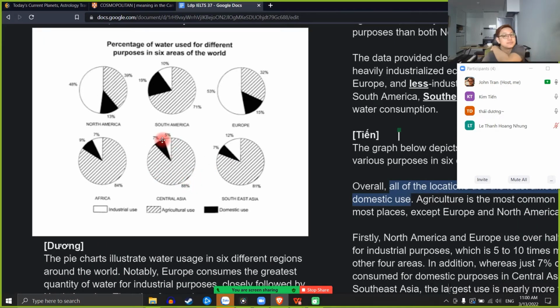Có thể nói một câu như thế này. Cái domestic use á, nó không bao giờ vượt quá 20%, đúng không? You can see that domestic use never exceeds about 20%. So you can say that domestic use always takes up only a tiny or a small proportion in the whole pie chart.